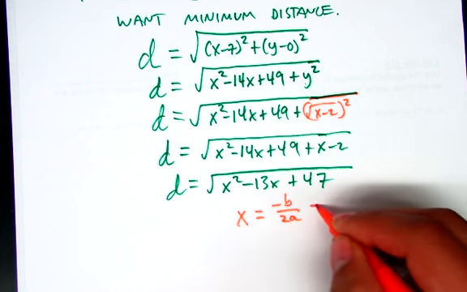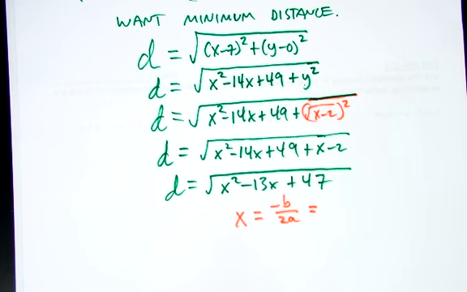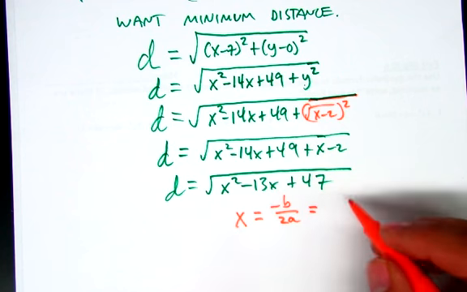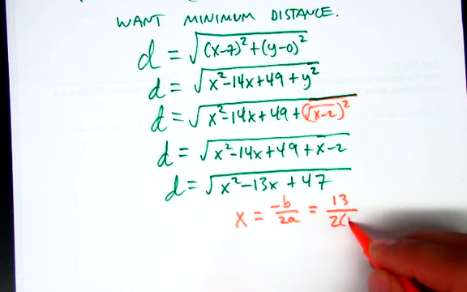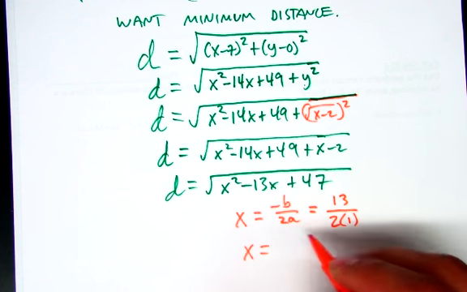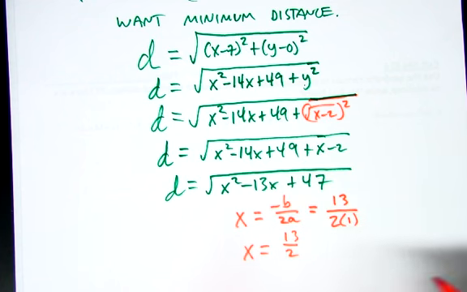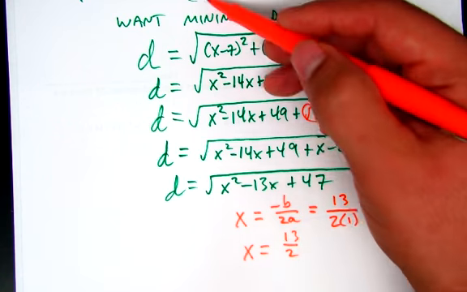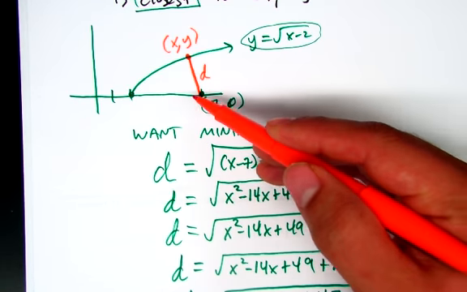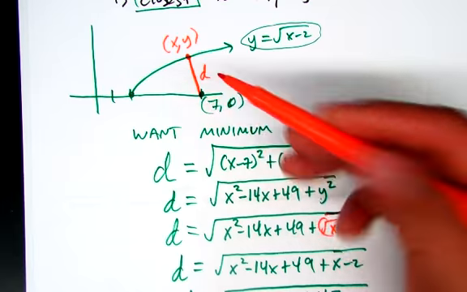So we're marrying everything we've talked about into one problem here, right? If I find the opposite of b, that is 13, 2 times what's a? 1. So x is 13 over 2, which is 6.5, right? Which makes sense with our picture, right? We said somewhere over here should be the x value, so 6.5 seems reasonable.